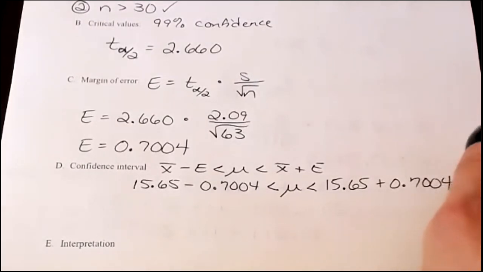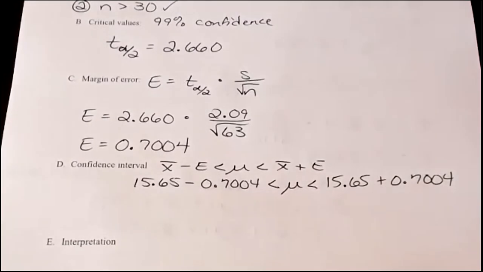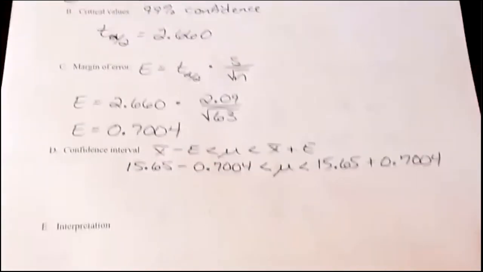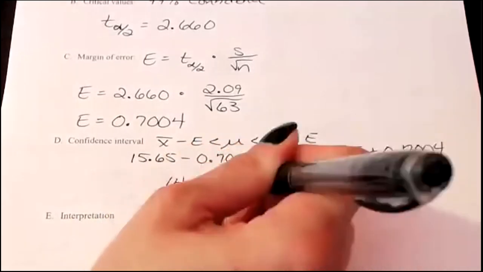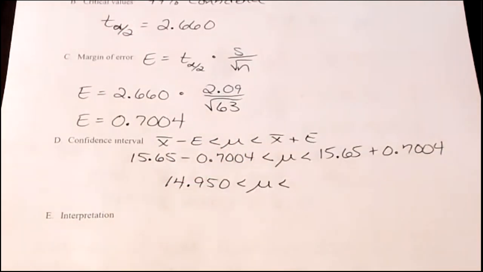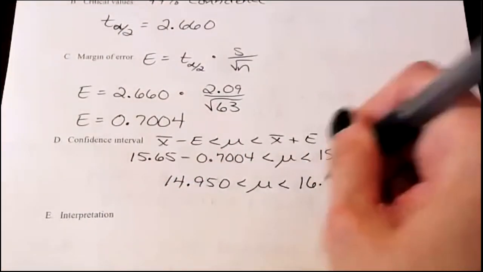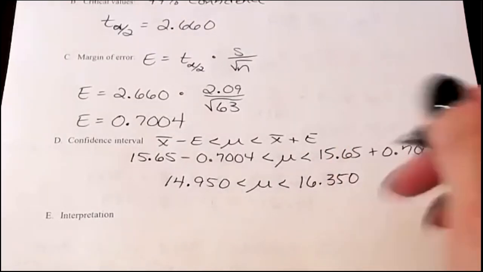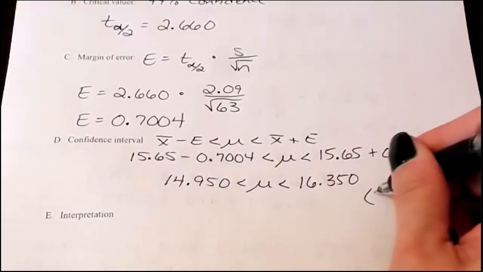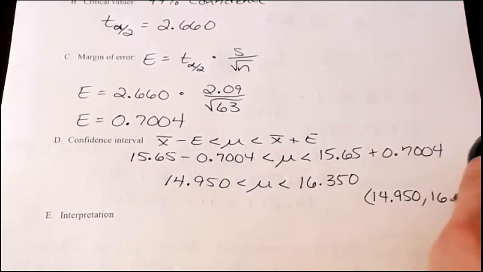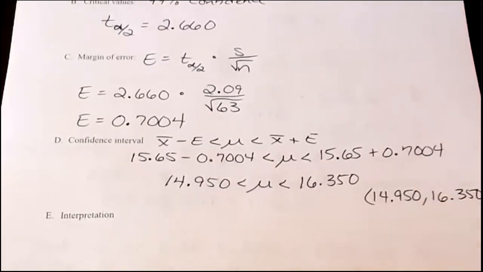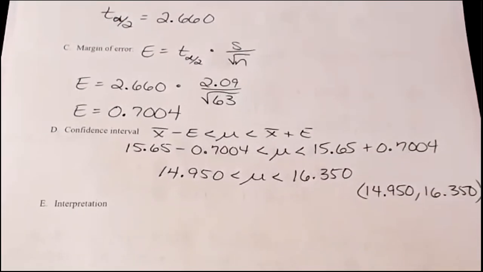The same exact idea. We're going to both subtract and add on either side. So we should find that our lower bound is 14.950, and your upper bound is 16.350. If you wanted to write it in interval notation, you'd simply use parentheses to denote that interval, that range of values.